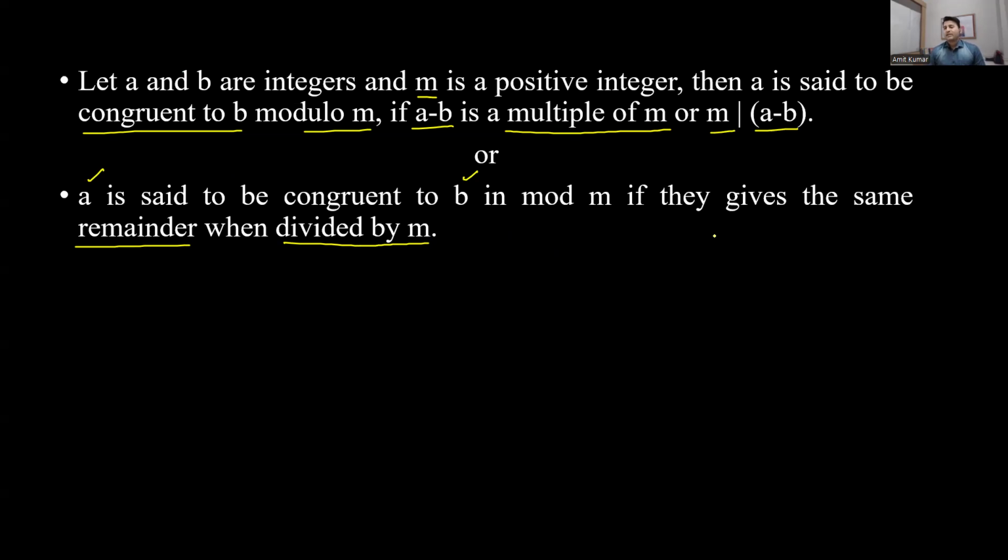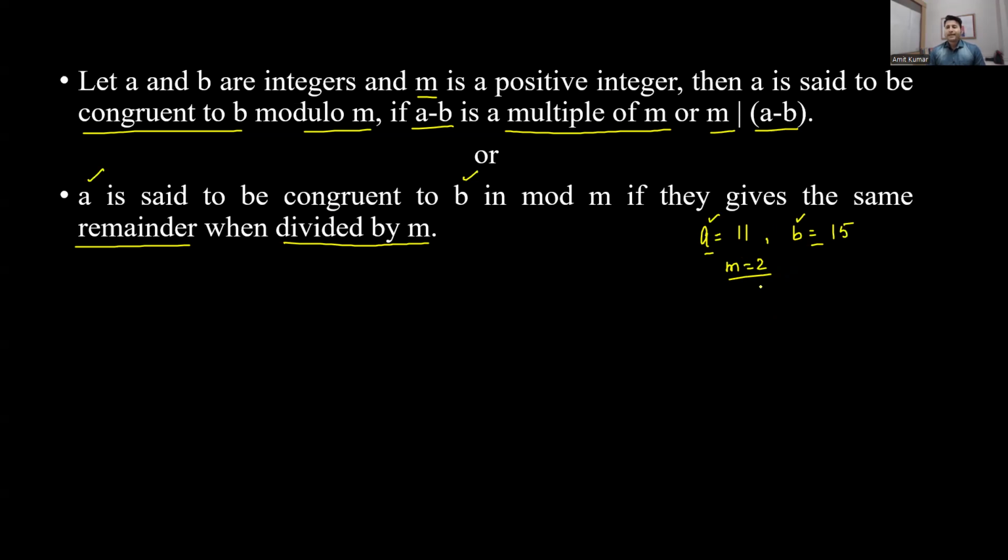For example, suppose I am taking some number a as 11 and some number b as 15. One number is 11, one number is 15, and I am taking m equal to 2. So can I say a and b are congruent in mod 2? This can be checked by using the definition. The definition says that when a and b give the same remainder when divided by m, then they are congruent to each other.